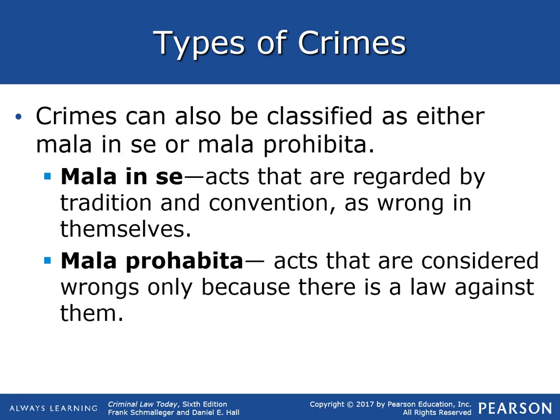Now, on the other hand, there is what we call mala prohibita crimes, and these are considered wrongs only because there is a law against them. Without a statute specifically prescribing them, mala prohibita offenses might not be regarded as wrong by a large number of people.